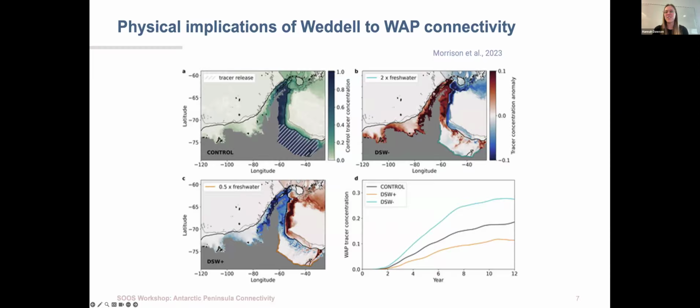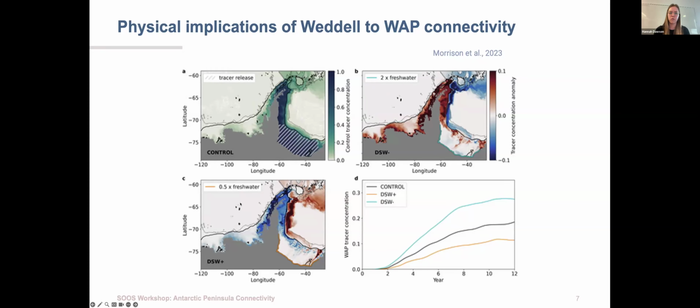But anyway, she very nicely showed that when you increase your fresh water, you shut off or reduce your dense shelf water formation, and you get this increased concentration in tracer on the Western Antarctic Peninsula that leads to a distinct cooling signal.